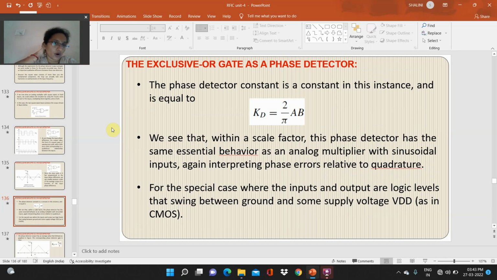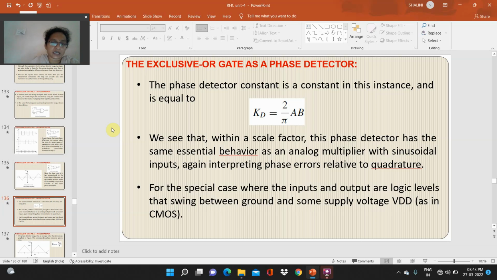The phase detector gain is also a constant in this instance and is equal to Kd is equal to 2 by pi into AB. Next, we see that within a scale factor, this phase detector has the same essential behavior as an analog multiplier with sinusoidal inputs, again interpreting phase errors relative to quadrature.